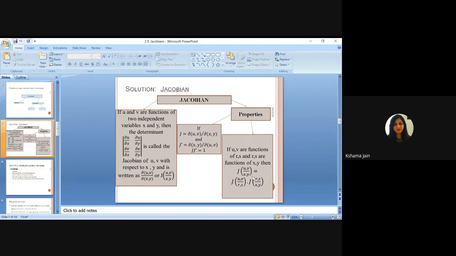Then how do we find the derivative of the first variable with respect to the third? We take the help of the second variable and insert it in between. So J of uv by xy, but u and v can't be differentiated directly with respect to x and y, so we insert r and s: uv by rs and rs by xy, like this.